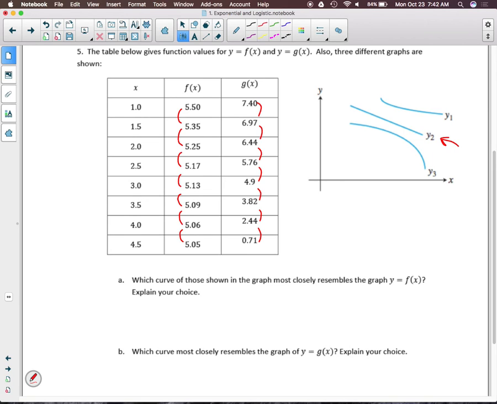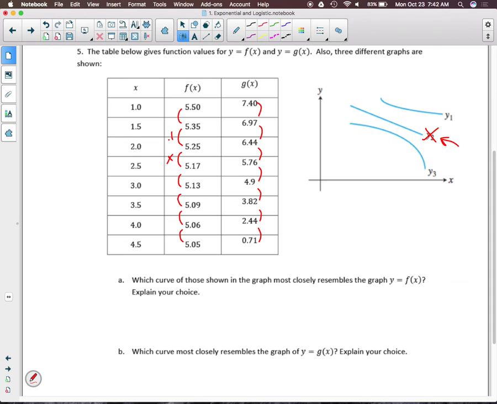So let's see here. Right here, this one lost 0.10, and here we did not lose 0.10. So I know that this one can't be linear. Same thing's happening over here. We're losing a different amount, okay? So I'm pretty sure that this one can't be linear either. So I'm going to say neither of these, f of x or g of x, is going to be y2.